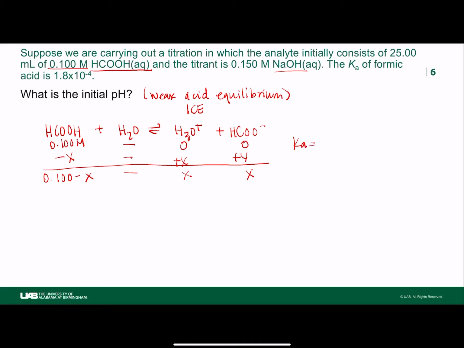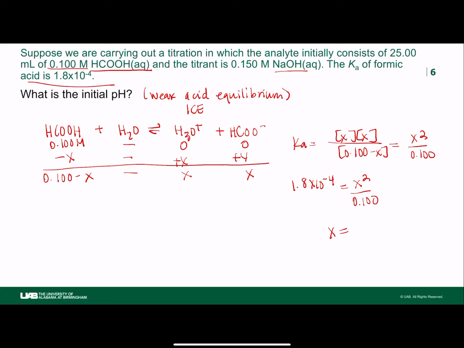My Ka expression is going to be concentration of both of the products over the concentration of the reactant. But as I just said, I can probably drop that X because it's close enough. So I have 1.8 times 10 to the minus 4. That's the Ka. It's going to be equal to X squared over 0.1.